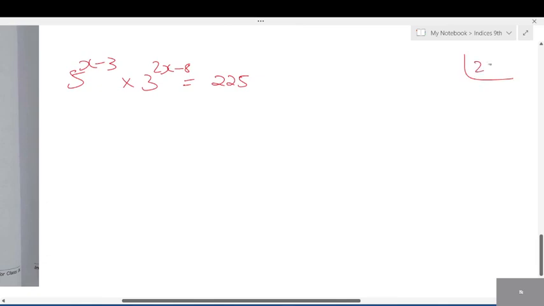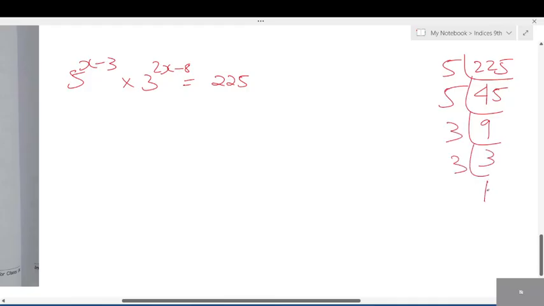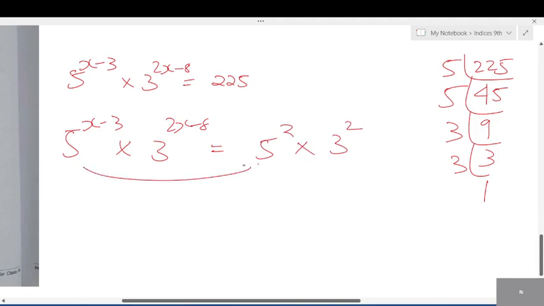Whenever you get numbers like this, factorize. 5 fours are 20, next, 3 3s are 9. So 5 to the power x minus 3 I'll keep as it is. 3 to the power 2x minus 8 I'll keep as it is. How do I write 5 square? Right? Now compare them. Compare this. Write it separately, students. Write the equation separately.